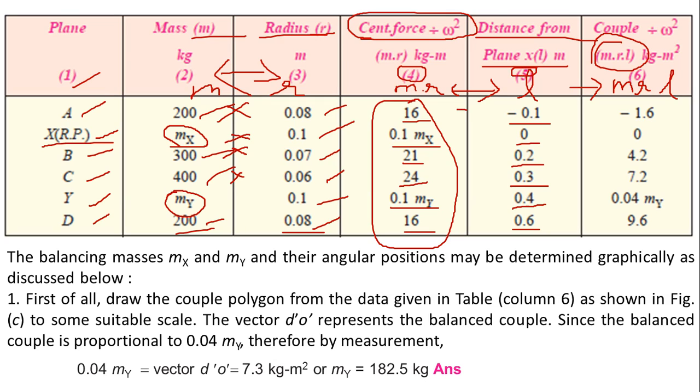So 16 into minus 0.1, you get minus 1.6. 0.1 mx into 0, you get 0. 21 into 0.2, you get 4.2. 24 into 0.3, you get 7.2. 0.1 into my multiplied by 0.4, you get 0.04 into my. Then 16 into 0.6, you get 9.6.